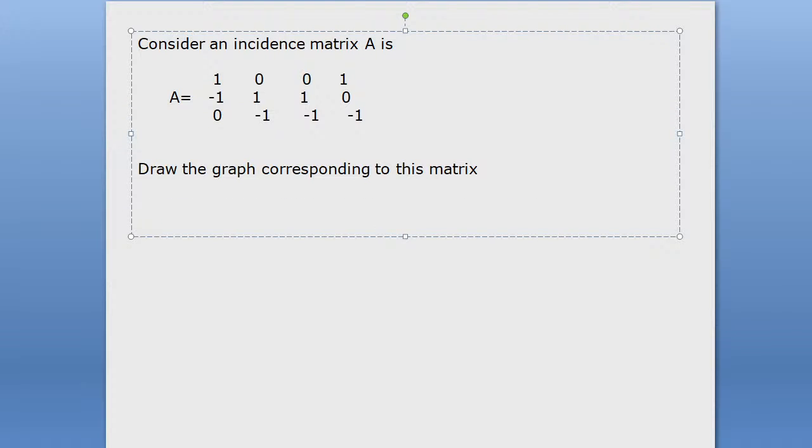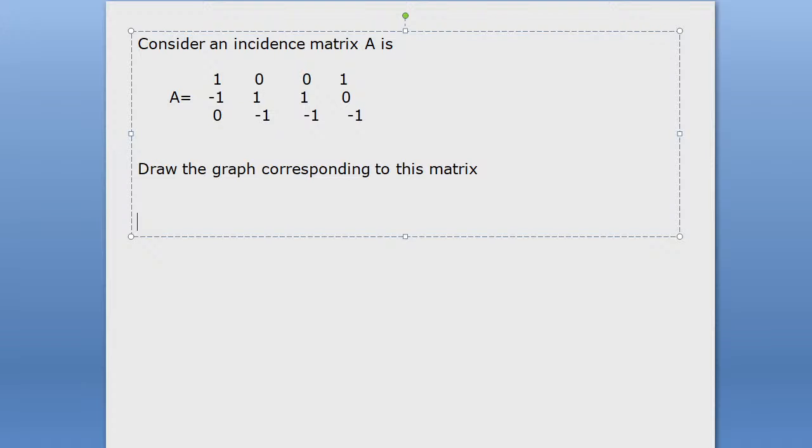After that we can draw a graph. A graph consists of some number of nodes and some number of branches, and these branches connect the nodes. In a directed graph, there must be an arrow associated with each branch.